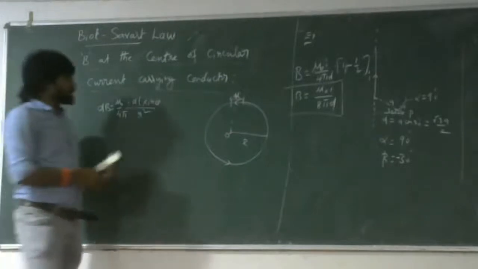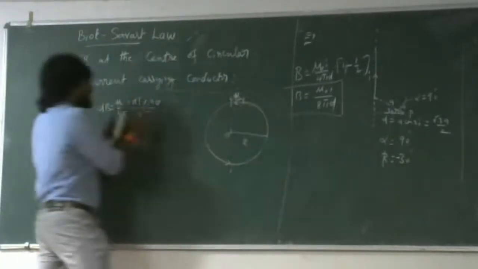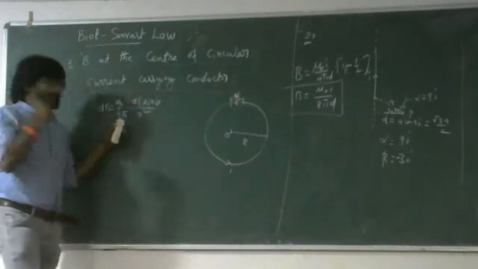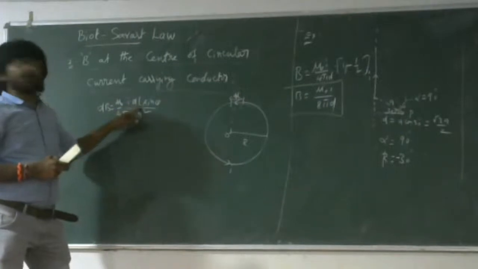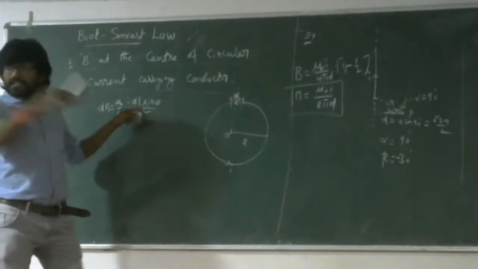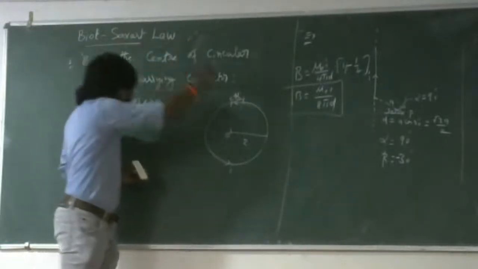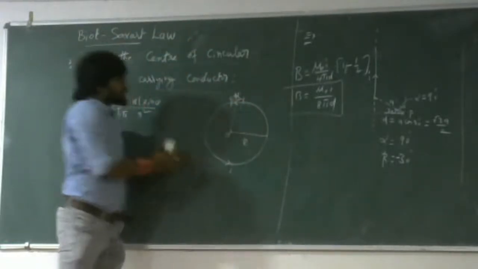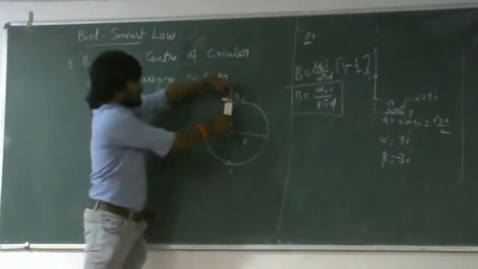Where I is the current passing through this, dl is the length of this element. Theta is the angle between the dl vector, that is the current direction, and the line drawn from the element to the point. So this is the current element, and this will always be perpendicular.